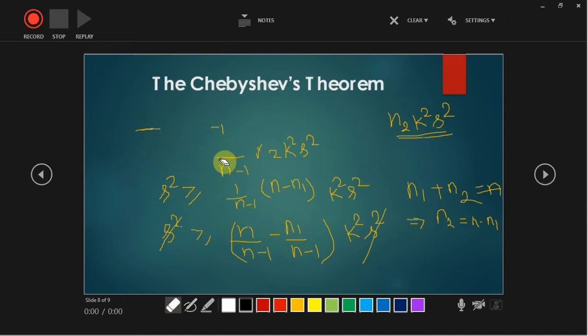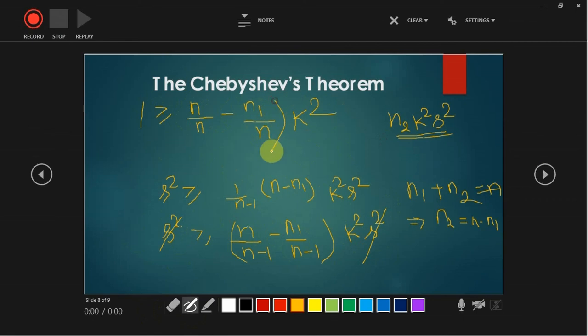So now this becomes 1 is greater than or equal to n over n minus n1 over n, k square.